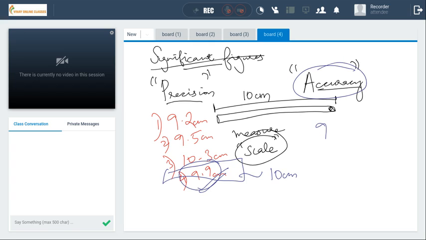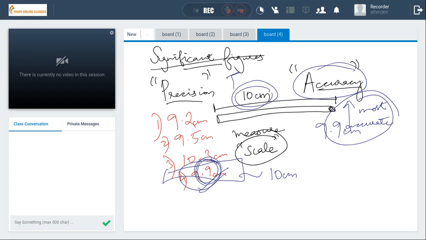So the value of 9.9 centimeter will be the most accurate value. Okay, so why did we say so? Because this value is closest to the true value. This 10 centimeter will be true value. So this 9.9 will be most closest to the true value. So, okay, understood this?